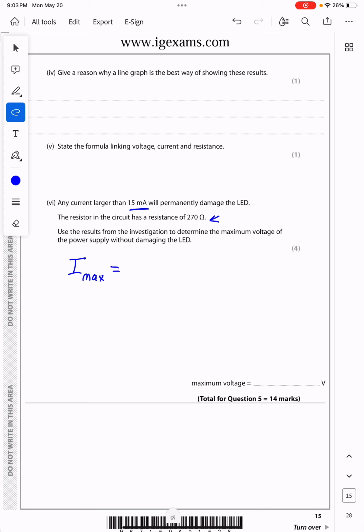So it is 50 times 10 to the power minus 3 ampere, since it's a milliampere. And then we have R for the resistor as 370 ohm.